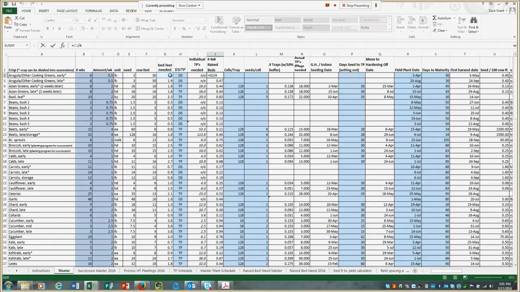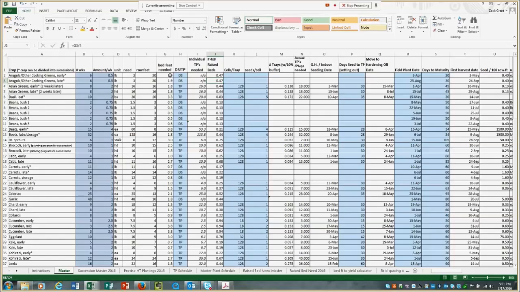And the reason why it's divided by 4 is because for that crop, that's the length of bed that I have. Remember I was showing you how we plant a lot of crops across the width of the bed? Because it's only 4 feet in length of total bed feet that we have, that's our raised bed unit. So now I know with that equation that for all my arugula for the early planting to get 3 pounds, I need to plant about a half of a raised bed to do that.